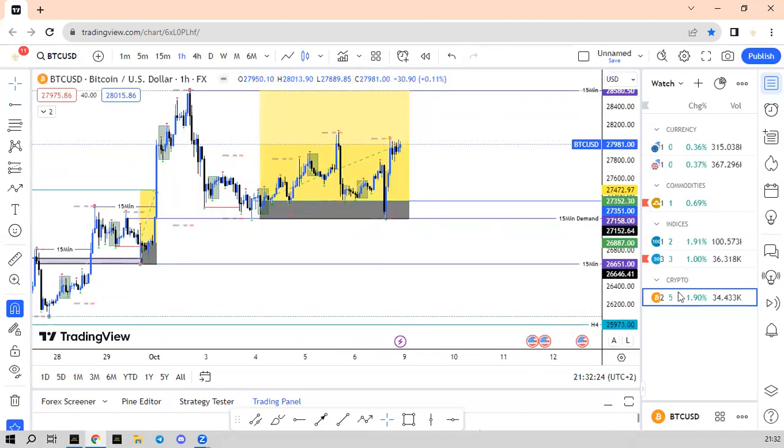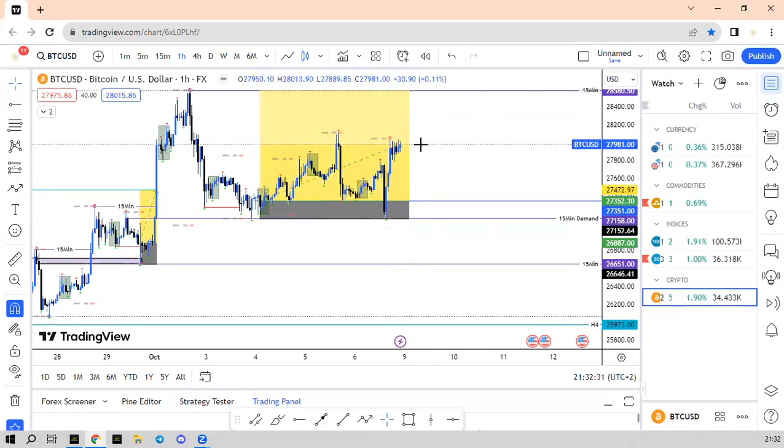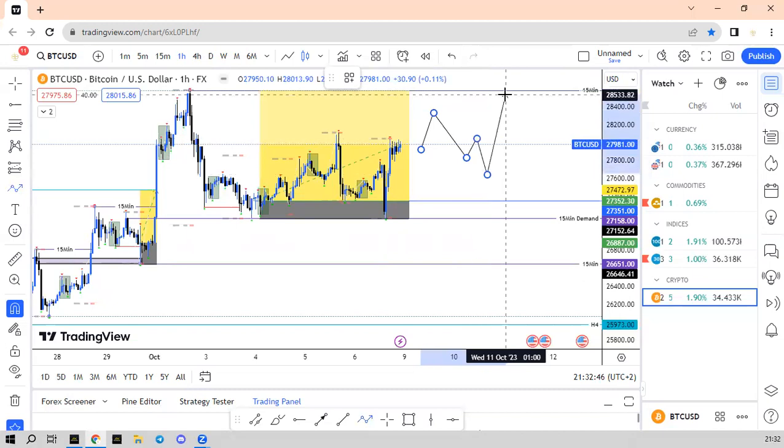If you pay attention to H1, you see that the price, like on another broker, has already taken this high and is now on a retracement on H1. So I am looking for something like this on H1 to buy.